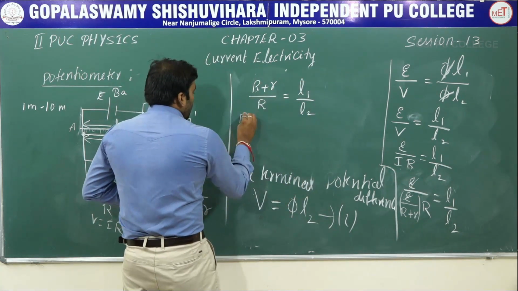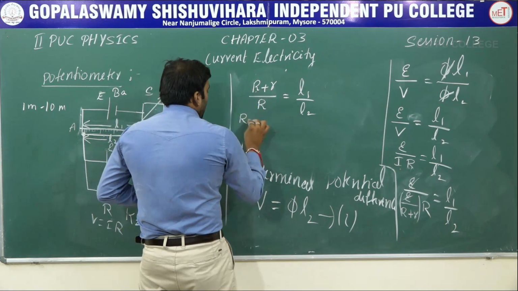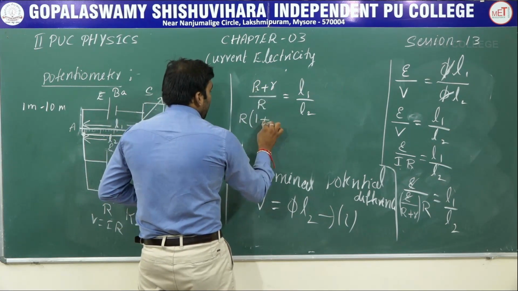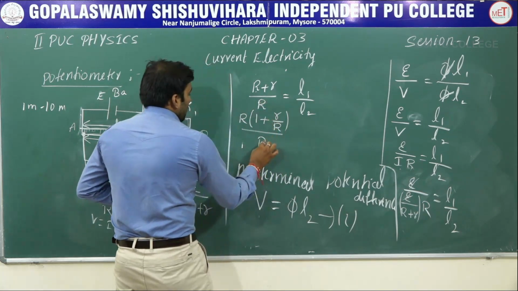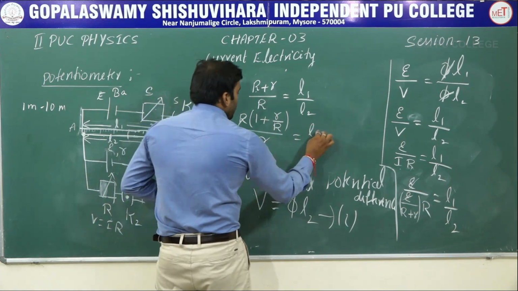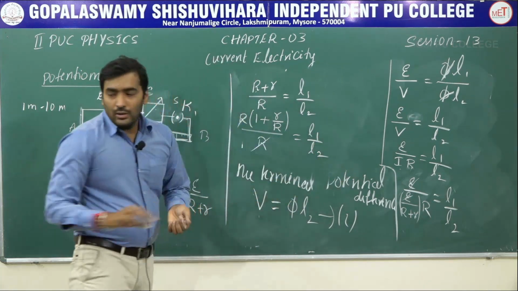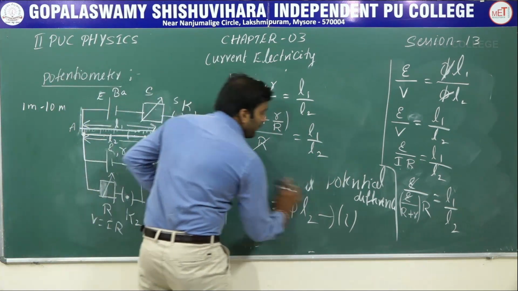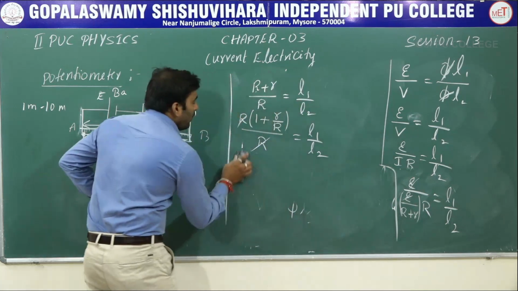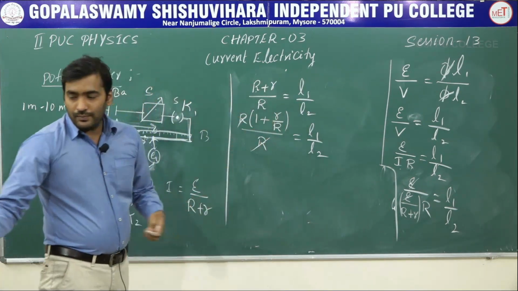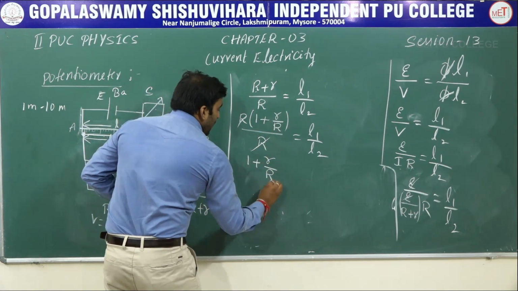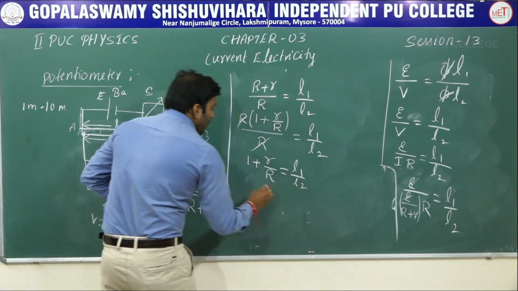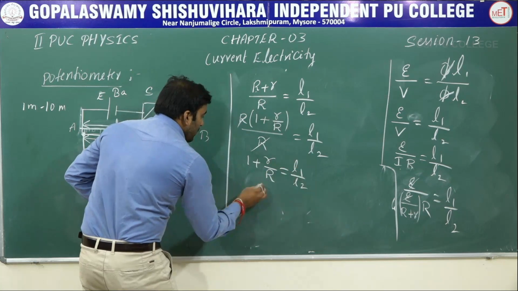Now if I take this R outside, this will be 1 plus r by R, and the R and R get cancelled. This is equal to L1 by L2, and finally we can solve for this r. 1 plus r by R is equal to L1 by L2, and I will take that 1 to the right hand side.